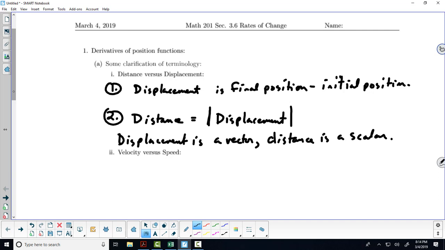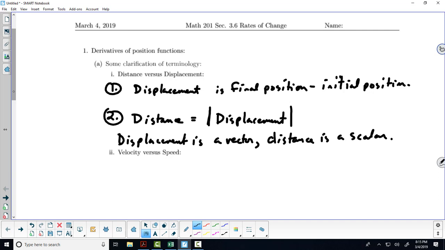That's a topic for another class. But what I want to say is that displacement has both a numerical value and a direction. So for example, if I tell you the displacement was -3, then we know that we're displaced 3 units to the left of 0. So there's an orientation there with that negative number. But distance would just be 3.